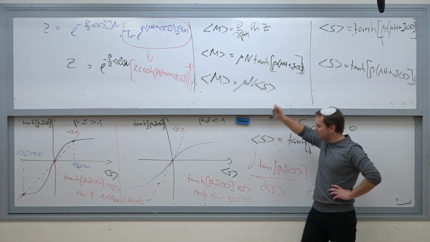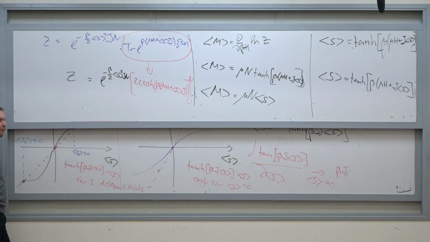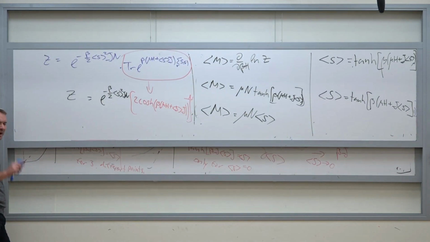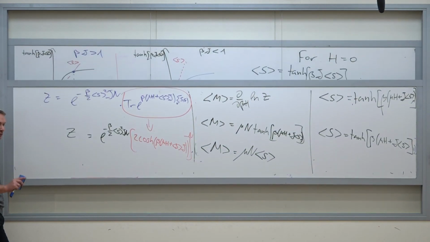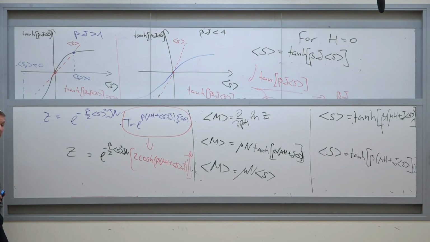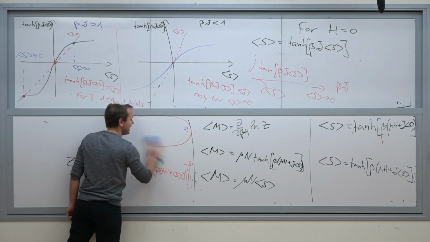Right? So what we have obtained is that for a specific value of beta J equals 1, there is a transition from paramagnetic behavior to ferromagnetic behavior.